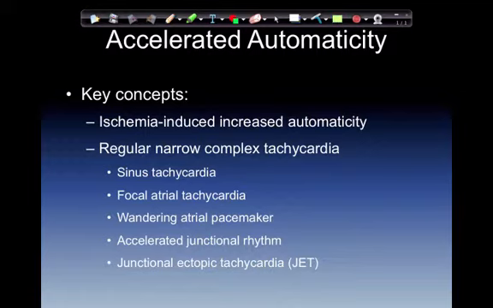This can include sinus tachycardia, from the SA node; focal atrial tachycardia, which could be from one point in the atria; wandering atrial pacemaker, which is identified by more than 3 different P waves in the same 6-second strip; an accelerated junctional rhythm, a junctionally originated beat with no P waves or inverted P waves, greater than 60 beats per minute; and junctional ectopic tachycardia, with no P waves or inverted P waves, greater than 100 beats per minute.